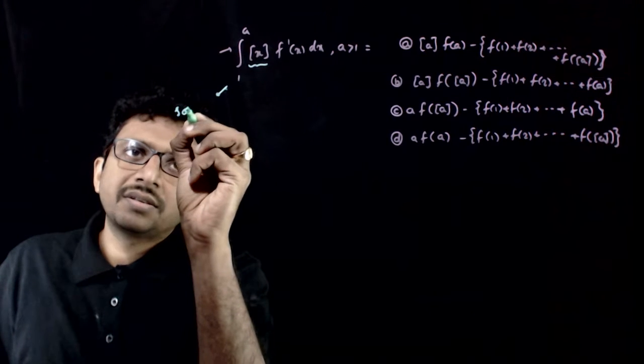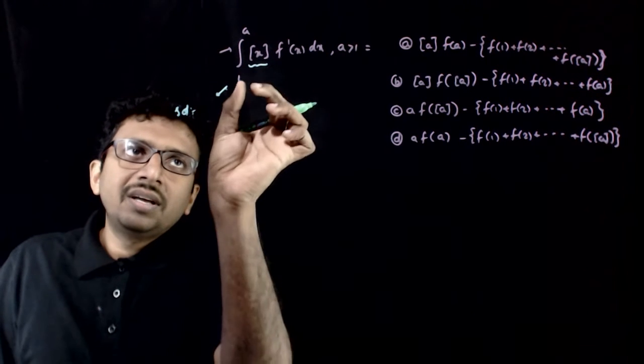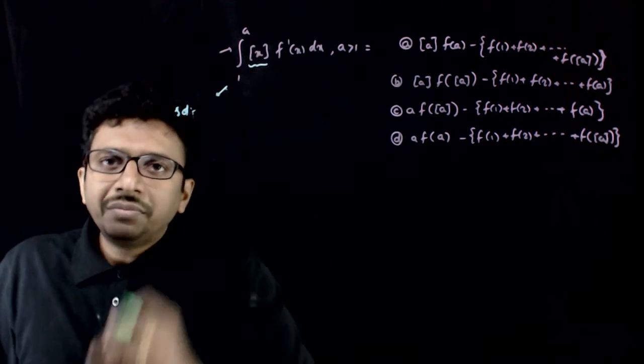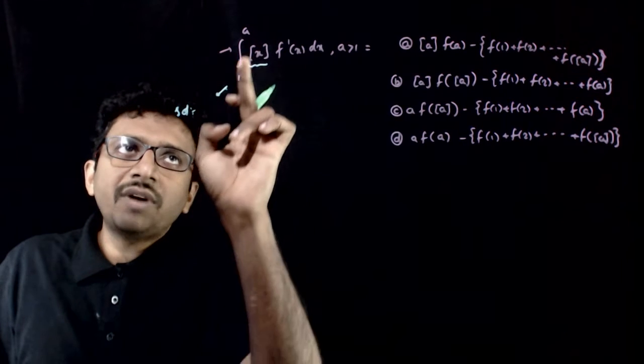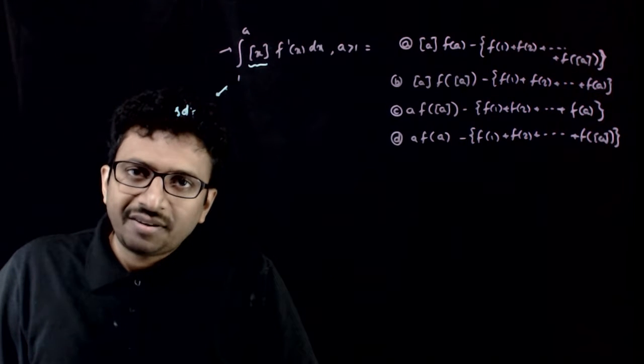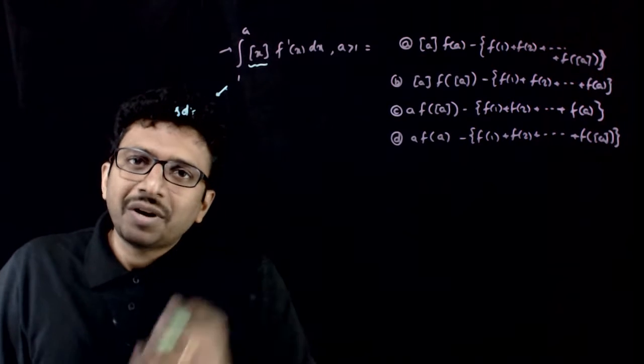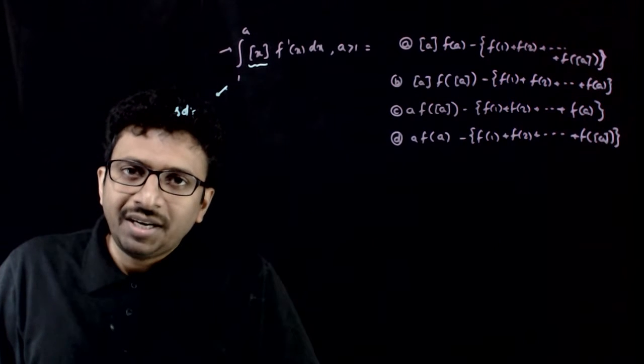To solve this, first my x is going from 1 to a. Between 1 to a, how many integers are there? At all those points, you need to cut this integral.